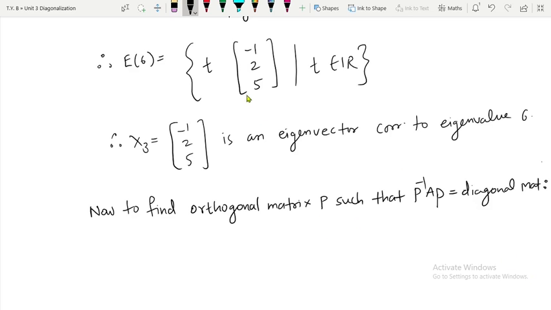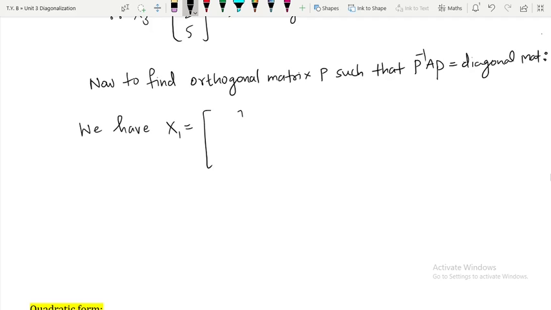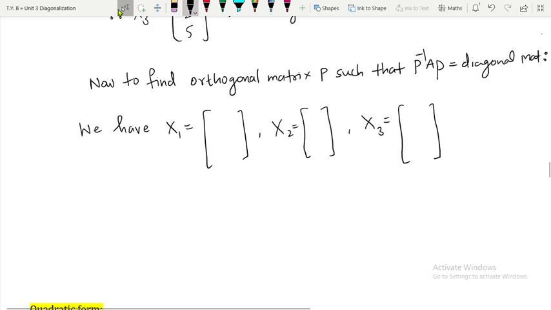So I will write here, we have x1 is equal to, okay, what are our eigenvectors? Remember, the first eigenvector is corresponding to eigenvalue 0, the second eigenvector is corresponding to eigenvalue 1 I guess, and the third one is corresponding to eigenvalue 6. This is important because whatever diagonal matrix we are going to get on the right hand side, the diagonal entries depend on this, isn't it?